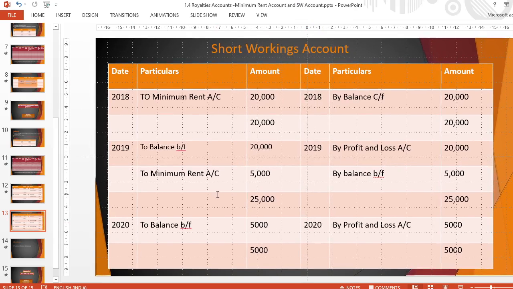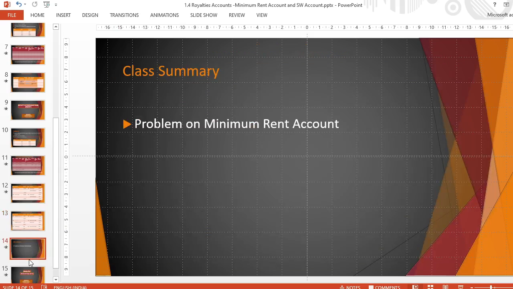So the short workings account will close in 2020. This is how we need to prepare minimum rent account and short workings account in the books of lessee.